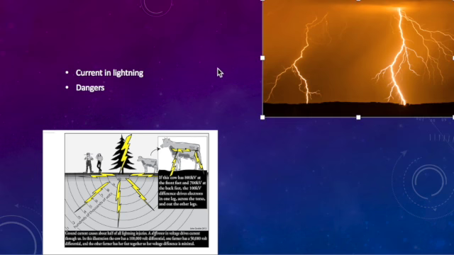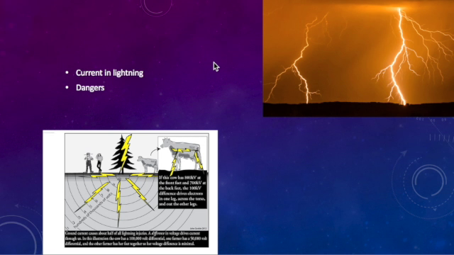The current and the lightning. The impulsive component of the current in a return stroke is often followed by a continuing current, which has a magnitude of tens of hundreds of amperes.